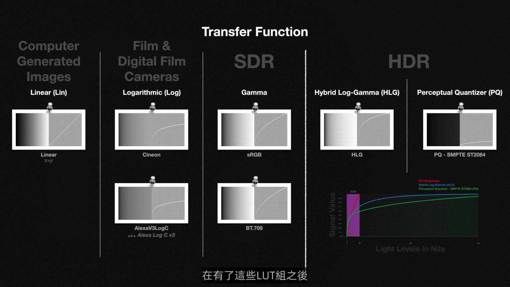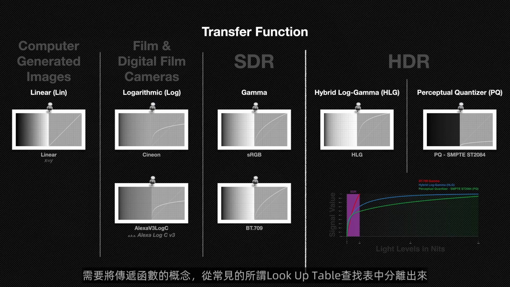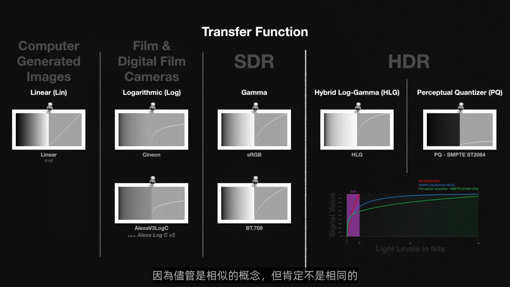So, with these groups of LUTs, you can have an overview of the different transfer functions that are used to capture and display data. The question now, to avoid misunderstanding, is to separate the concept of transfer function from the common so-called lookup table, as they are similar concepts, but certainly not the same.